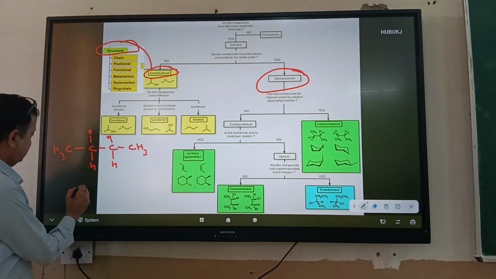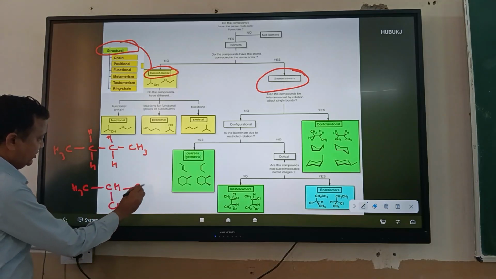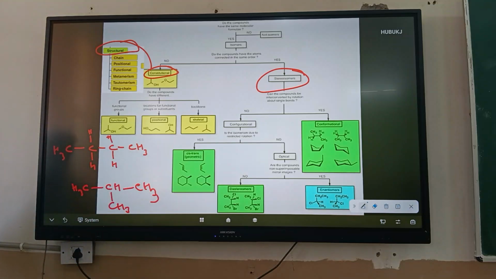You can write the same molecular formula with a structure like this: CH3, CH, CH3, CH3. Are these two structures the same? Definitely not. This is a linear molecule, and this seems to be a branched molecule.